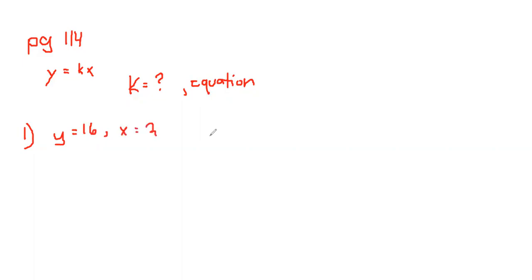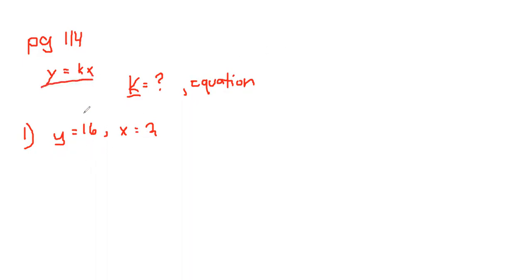Our question here, what is the constant of variation and the equation of variation. Constant of variation, which is the value of K, and the equation of the variation. Hanapin muna natin yung constant of variation.